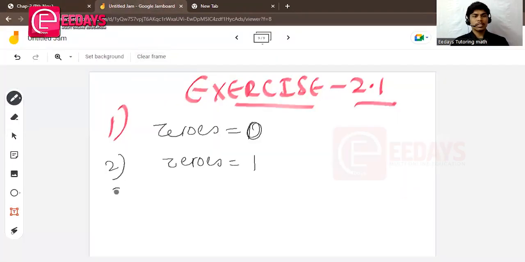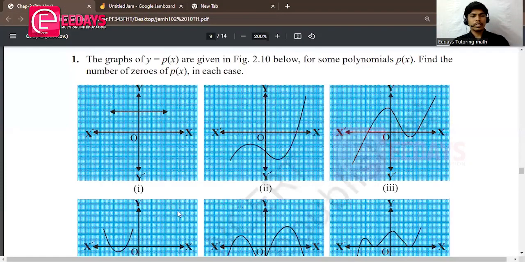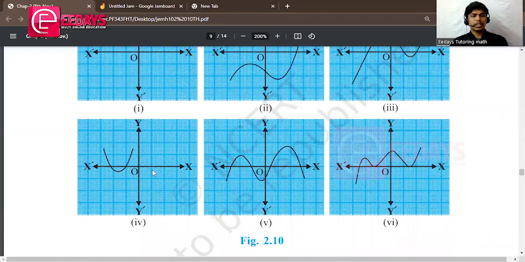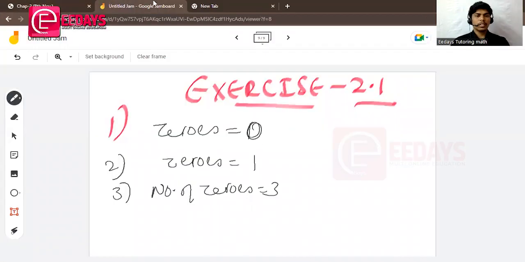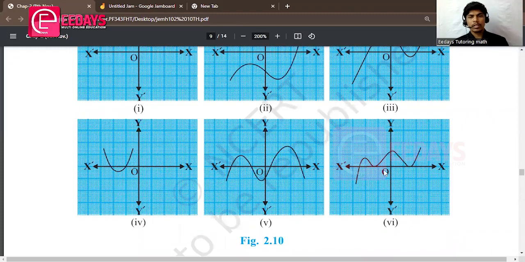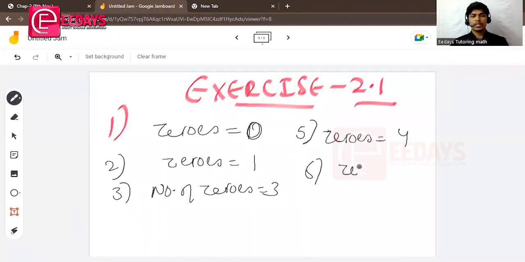So that's why the number of zeros is 3. Similarly the fourth one is cutting the x-axis at 2 points. Number of zeros is 2. And here 1, 2, 3, 4, 4 points. Fifth one, zeros is equal to 4. And the sixth one, 1, 2, 3. Number of zeros is 3.